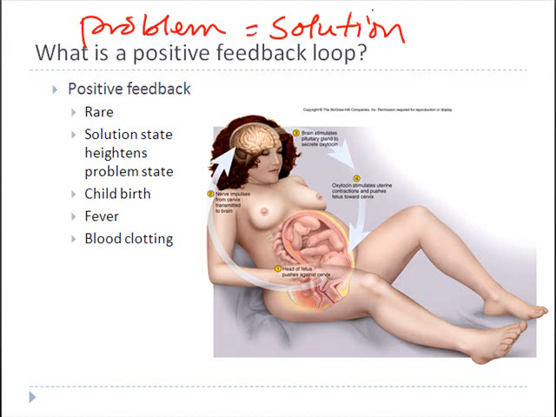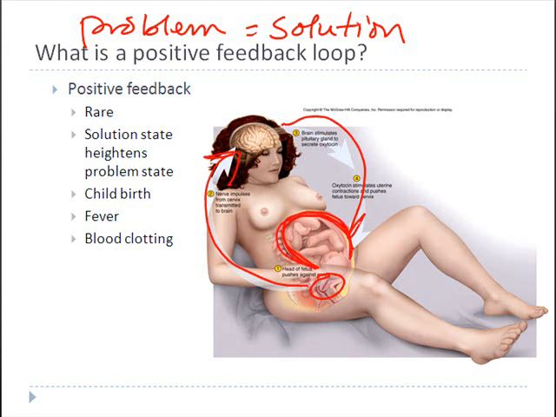So let's take the example of childbirth, which is an example of a positive feedback loop. In childbirth, there are little pressure sensors, little neurons in the cervix that sense pressure, and when the baby's head starts to push down on them, they send a signal to the brain saying, there's a problem, we have pressure on the cervix. The brain sends out a message in the form of a hormone called oxytocin, and that oxytocin causes the uterus, the muscles in the uterus, to begin contracting.